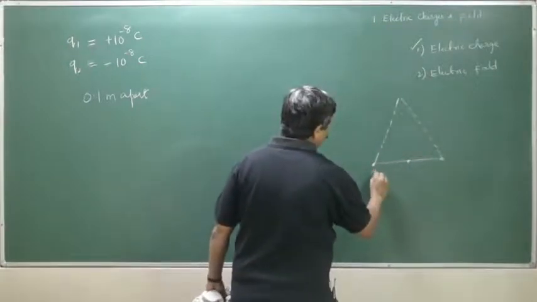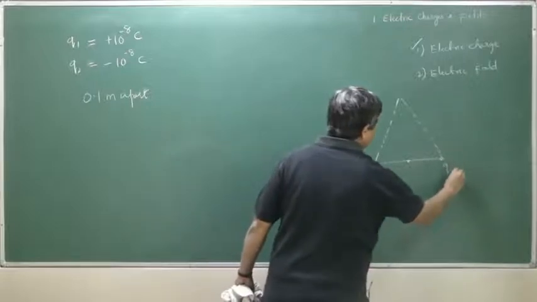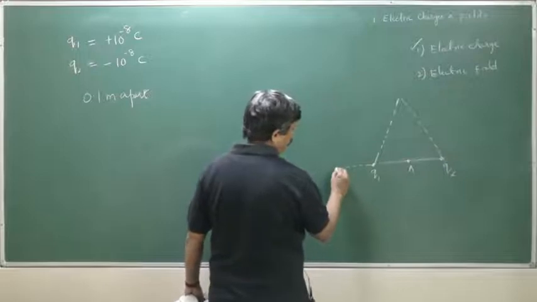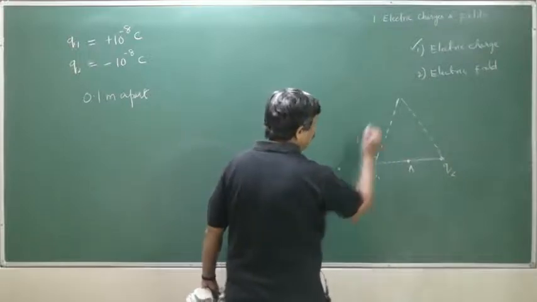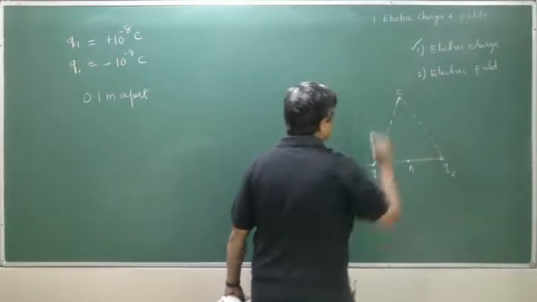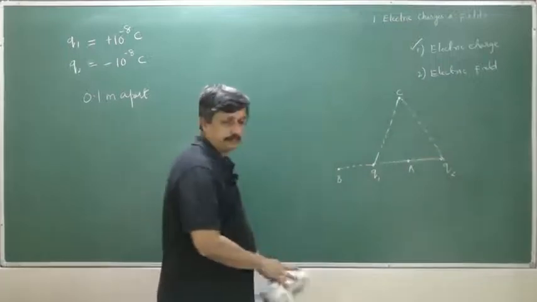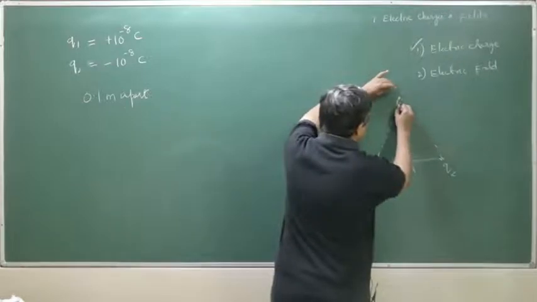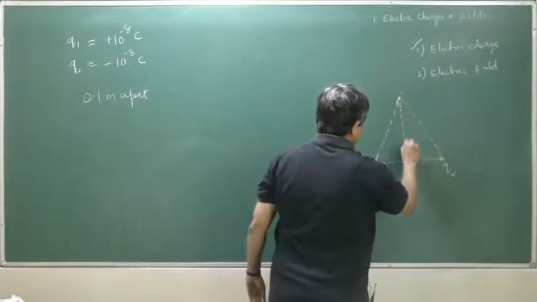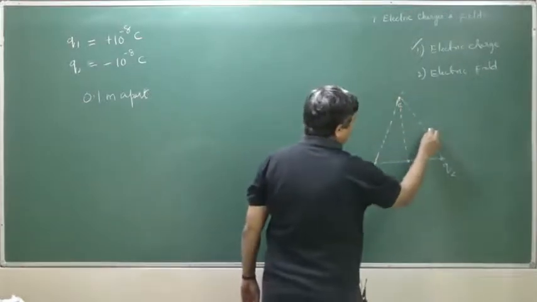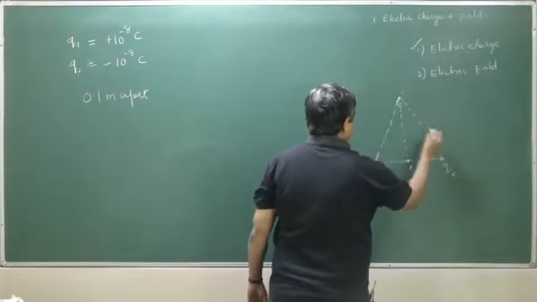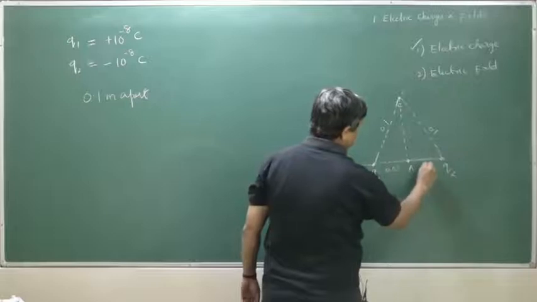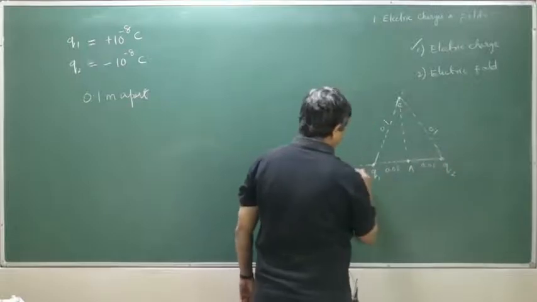So, this is Q1, Q2, this is A, this is B and this is C. This distance is L, this is 0.1 meters, this is 0.05 meters, this is 0.05 and this is 0.05.